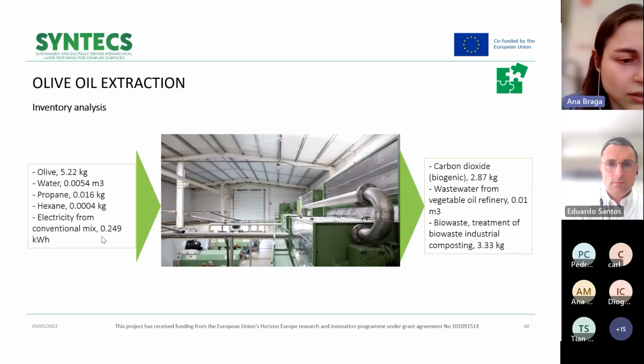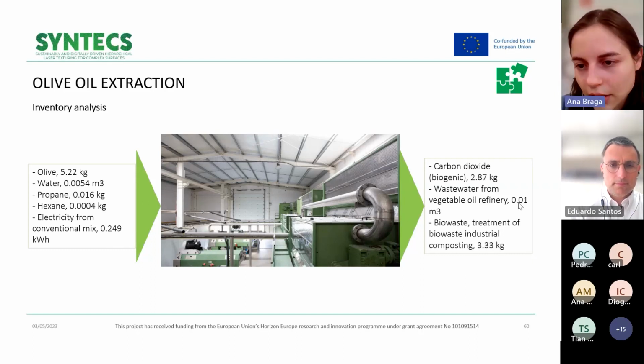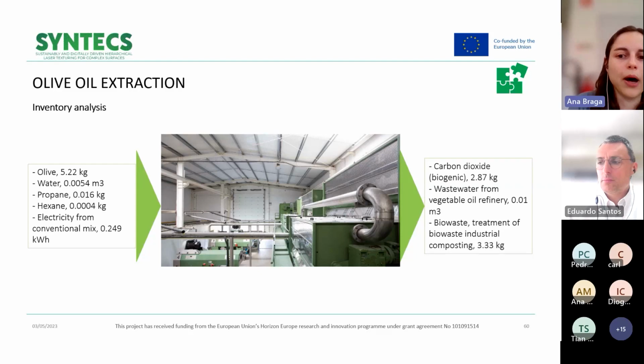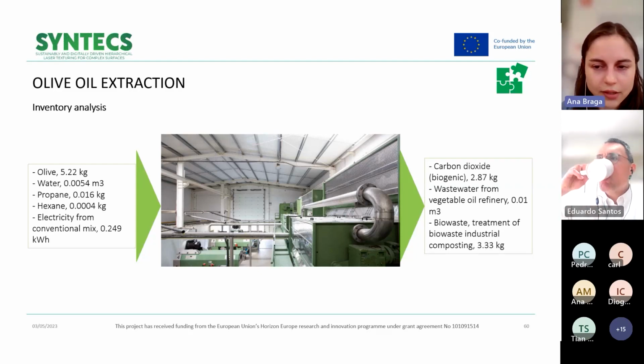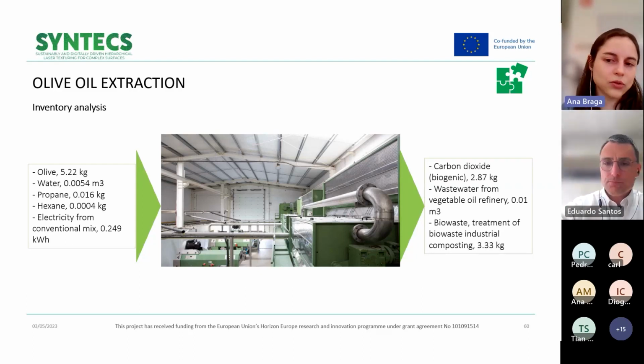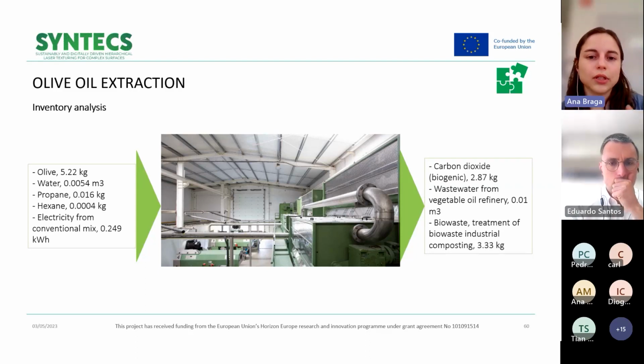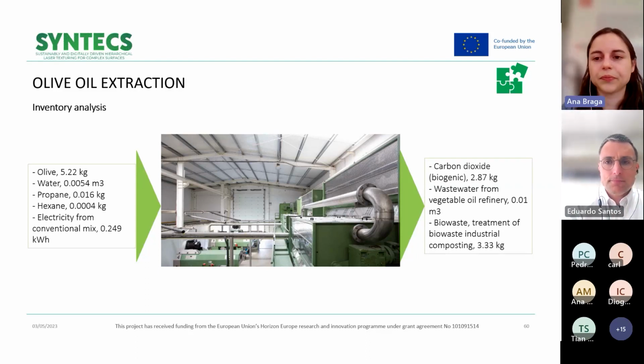We are considering here the conventional mix that we have in Portugal, for example. And we also have outputs and emissions, and besides the emissions, we have wastewater from the vegetable refinery and bio-waste, that is the olive pomace. In this case, we are considering that bio-waste will be treated by industrial composting. And these are reference values.